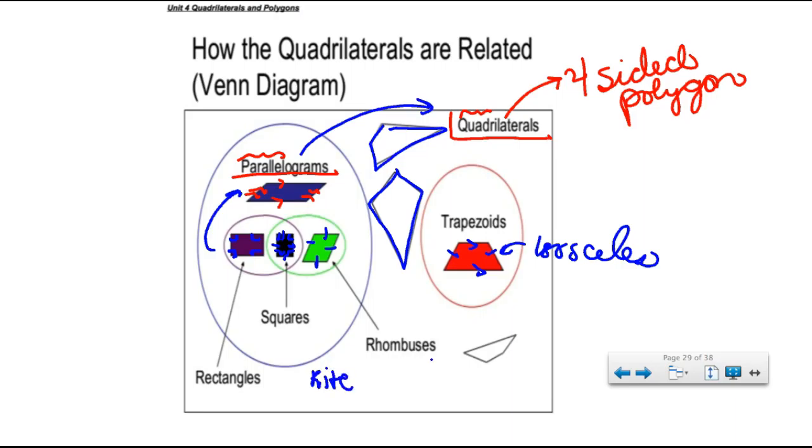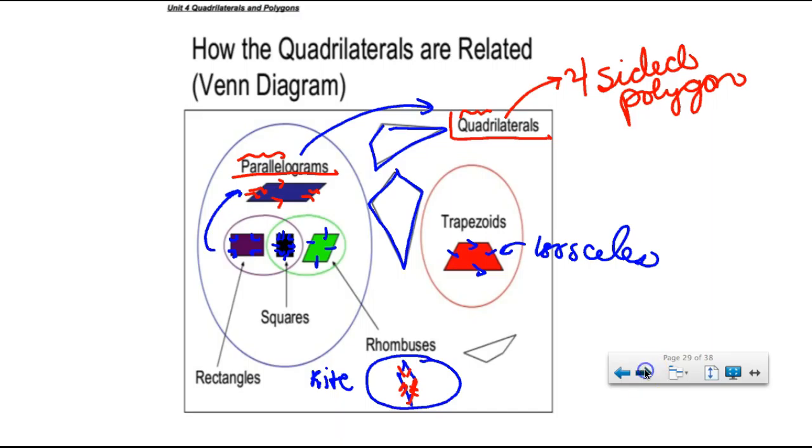Sometimes there's questions about those, so we'll give it its own circle right here. Every kite is a quadrilateral, not a parallelogram, but a quadrilateral. And so I'm going to draw a figure that looks like a kite that you'd fly in the air. It has two pairs of consecutive congruent sides, so it looks like this.